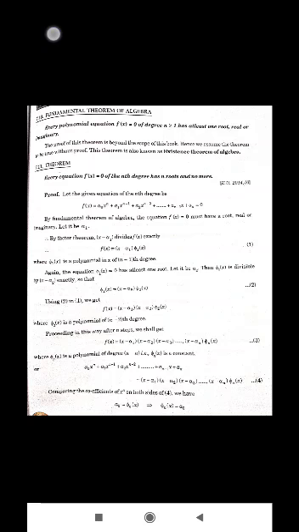Again continuing in the same pattern, after continuing n steps, we will reach here: f(x) can be written as (x - alpha 1)(x - alpha 2)(x - alpha 3) and so on up to (x - alpha n) into phi n(x), where phi n(x) is a polynomial of degree n minus n. Why is it n minus n?